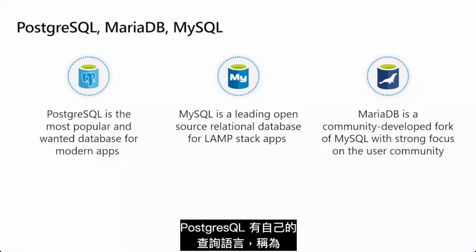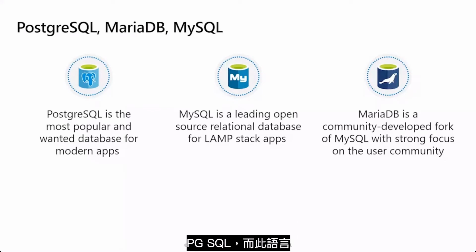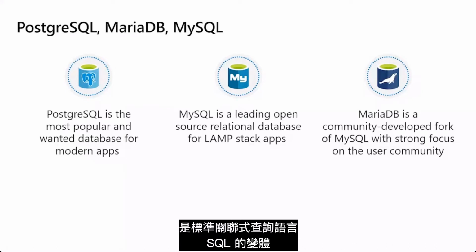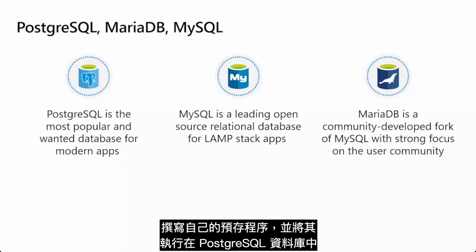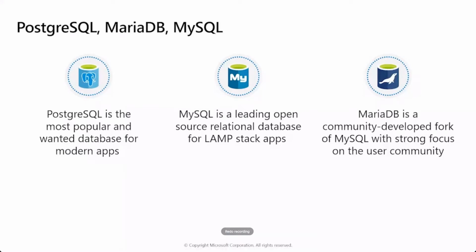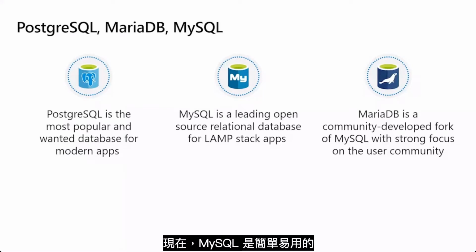PostgreSQL has its own querying language called PGSQL, and this language is a variant of the standard relational query language SQL. There are features inside PostgreSQL that allow you to write your own stored procedures and run them inside a PostgreSQL database. Now, MySQL started off as a simple to use open source database management system.